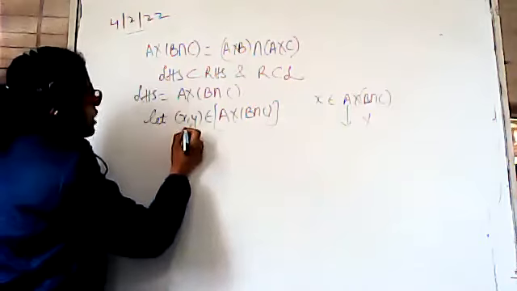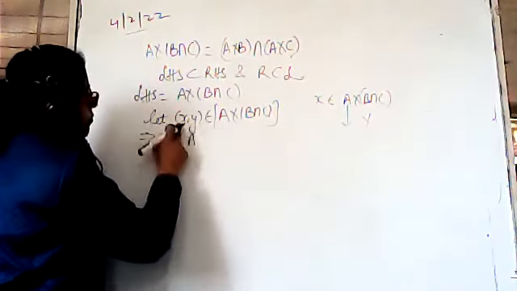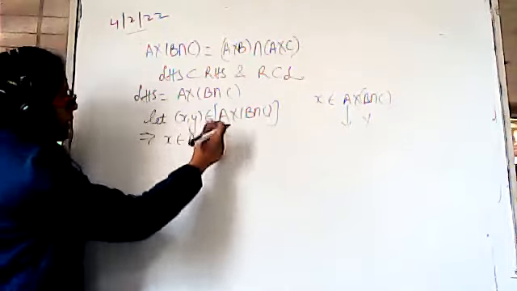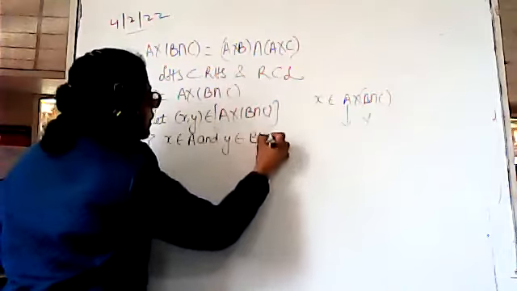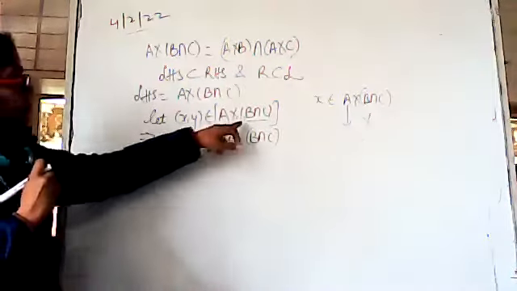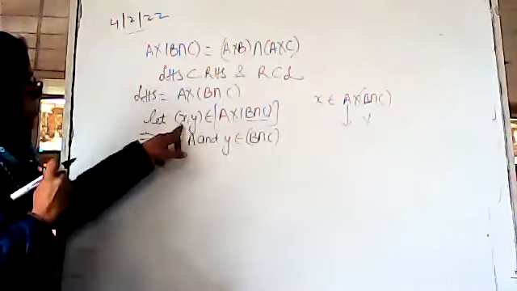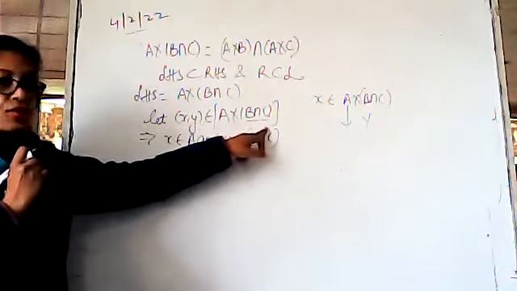Now, by the definition of ordered pair, this implies that X belongs to A, since the first element belongs to the first set, and the second element belongs to the second set. And here the second set is B intersection C. This is one set. The first element belongs to the first set, and the second element belongs to the second set.